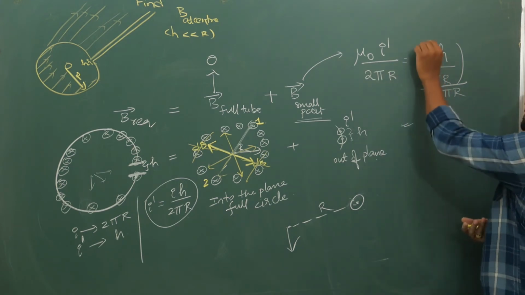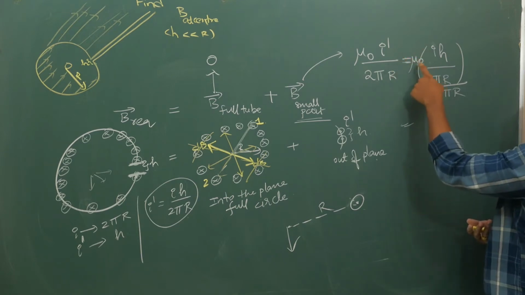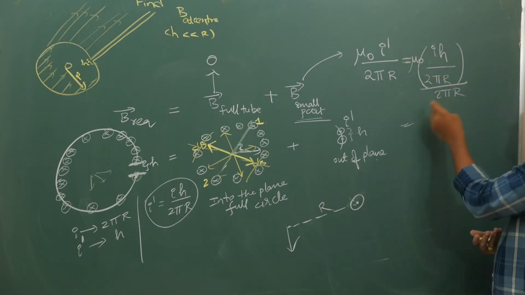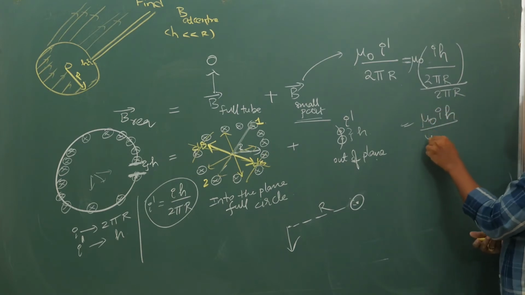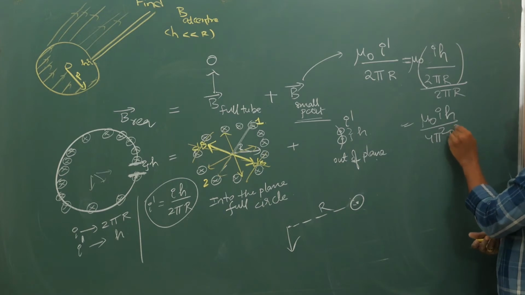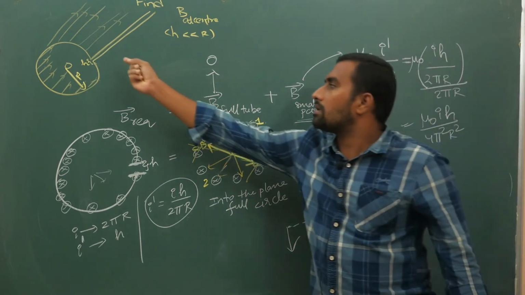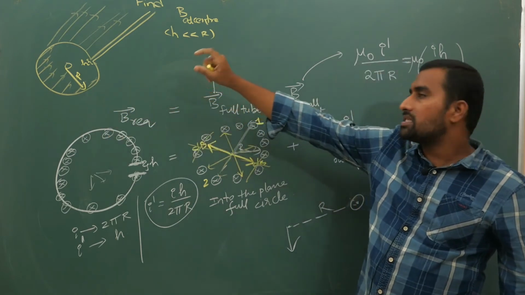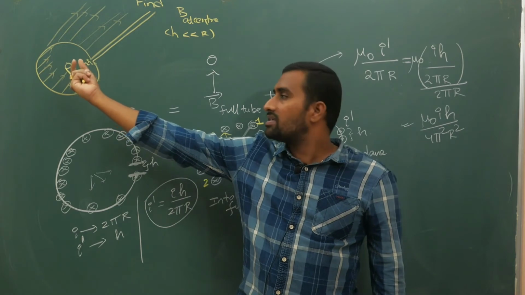This part is mu naught times IH by 2 pi r, whole divided by 2 pi r. So that will give you mu naught IH by 4 pi square r square, which is your magnetic field because of this full tube, which carries current along the outer and has a small slit of width h.